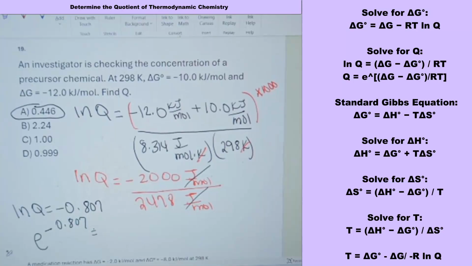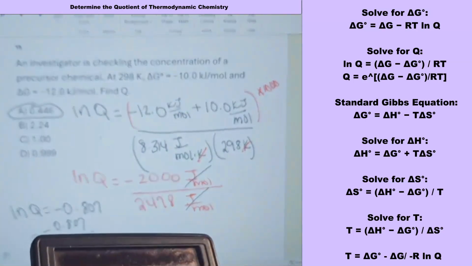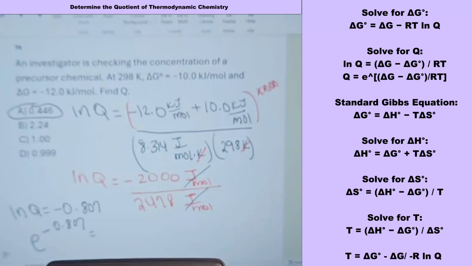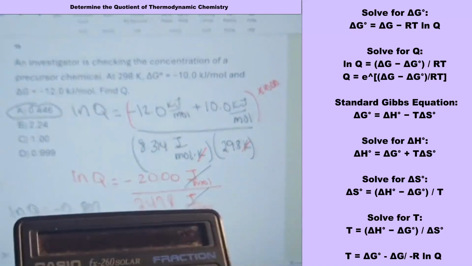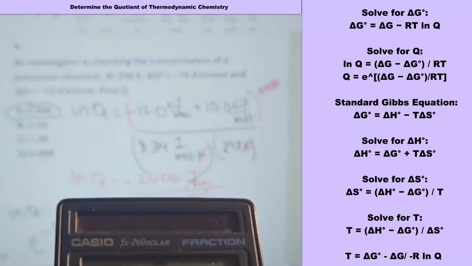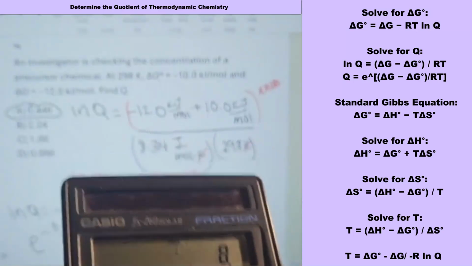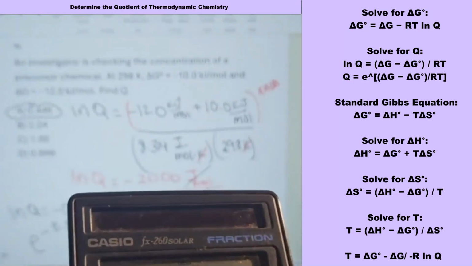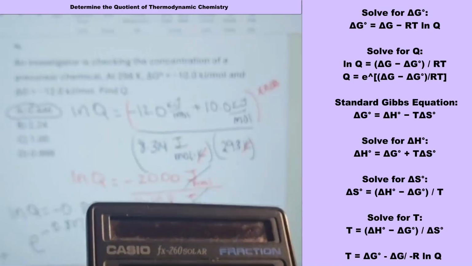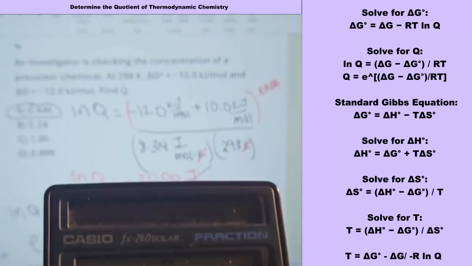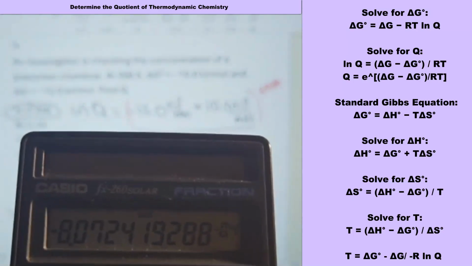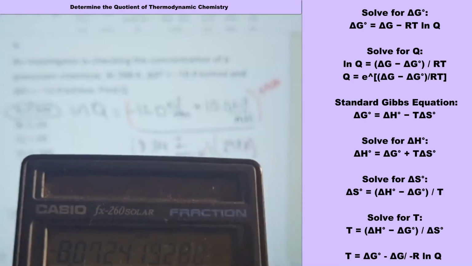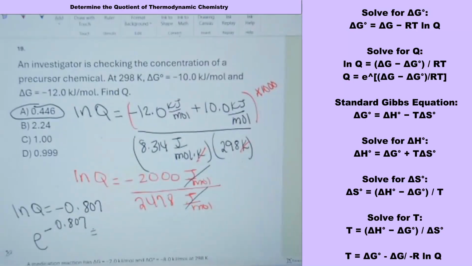Now, let's say that someone did not convert the kilojoules. So if you got the negative 12 plus 10, which gives you 2, then you divide that by 8.314, and divide that again by 298. You end up with a very small number, negative 8.07 times 10 to the negative 4.